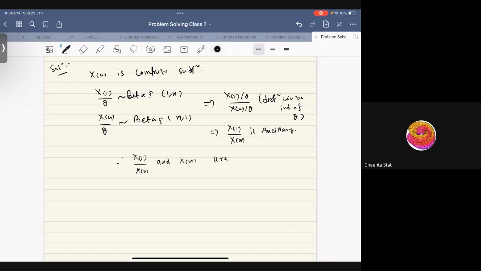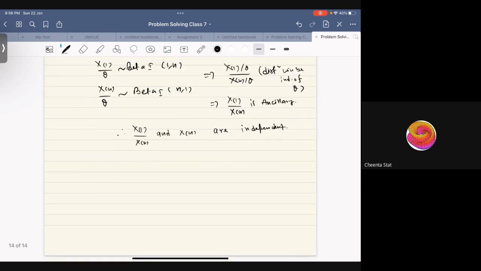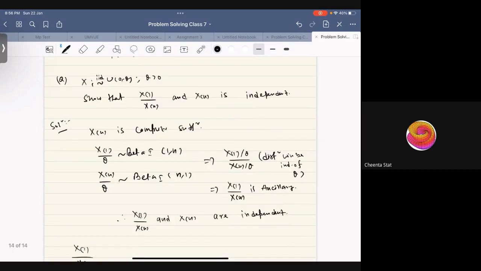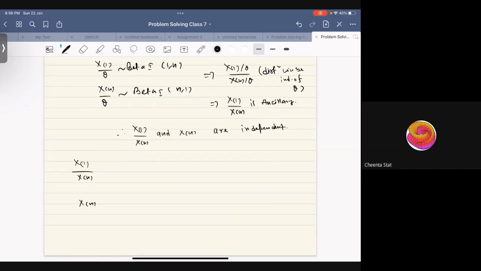Now can you prove it? It is the spiritual proof. Can you prove it by distribution sense? Can anyone tell the immediate result for X order 1 by X order n? We know X order n by theta is beta first kind (n, 1).